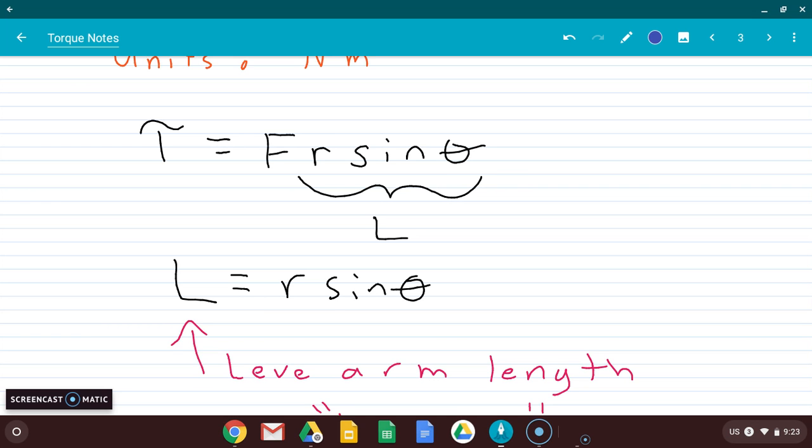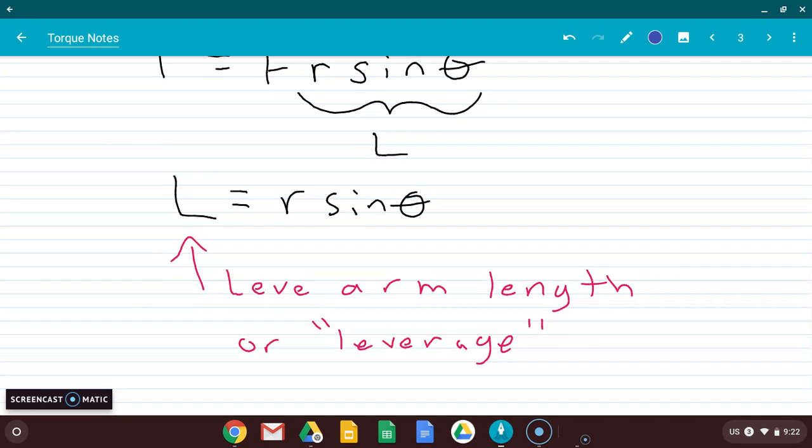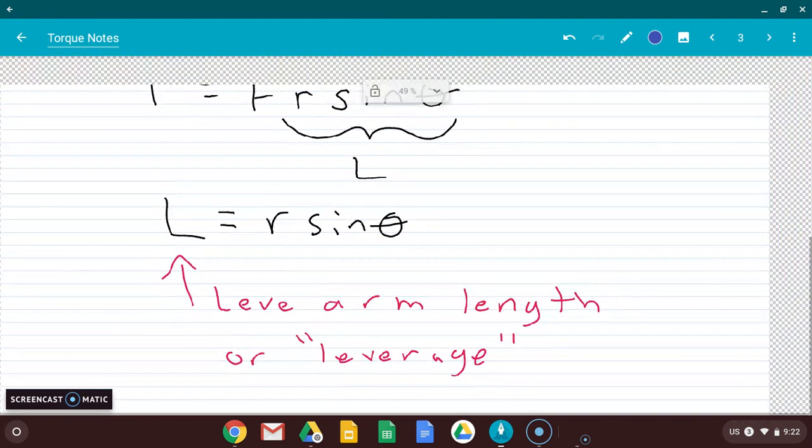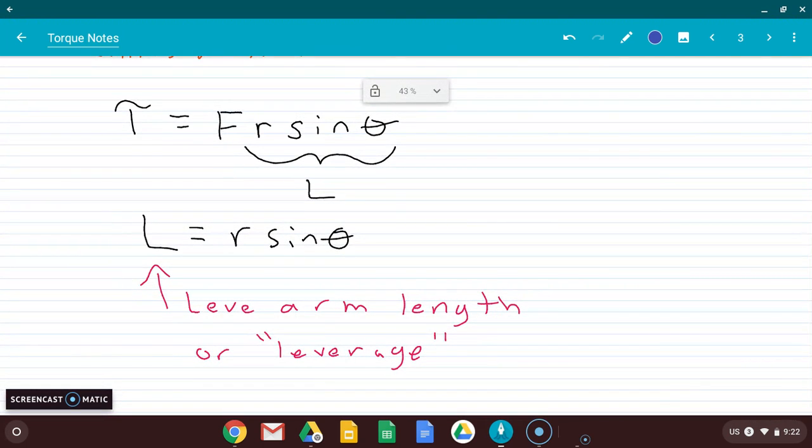But lever arm length is also known as simple leverage, all right? We maximize our leverage two ways: by a larger R radius and or by an angle that's perpendicular.